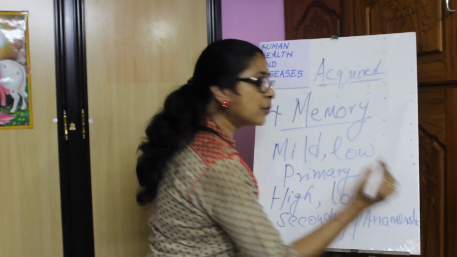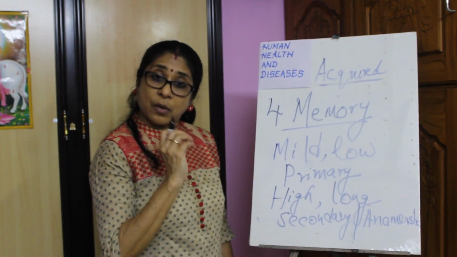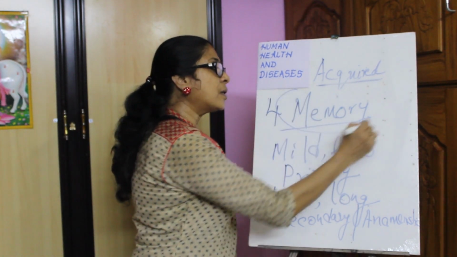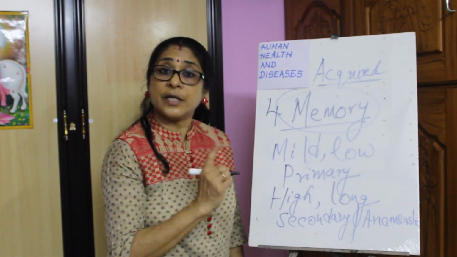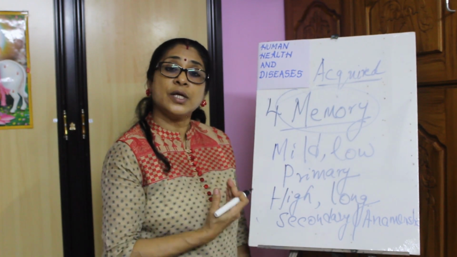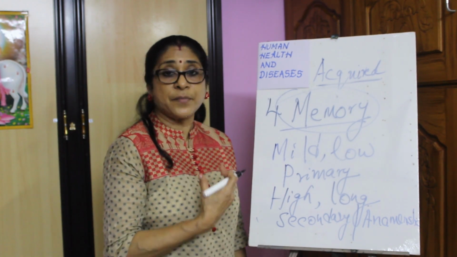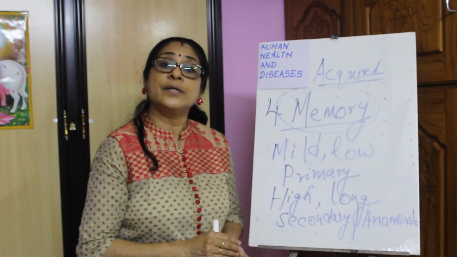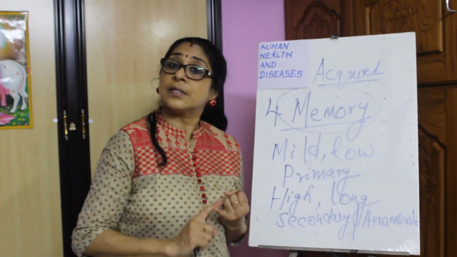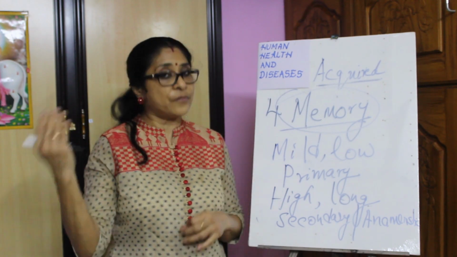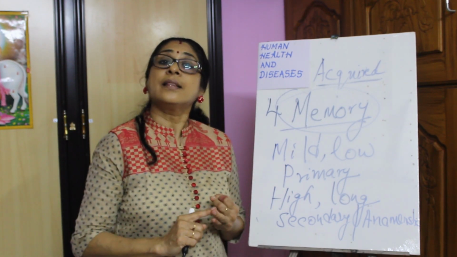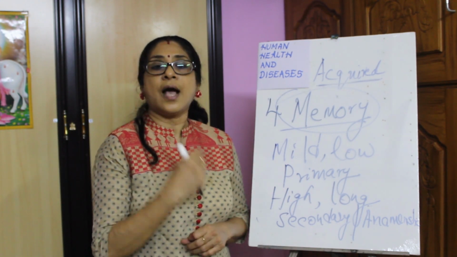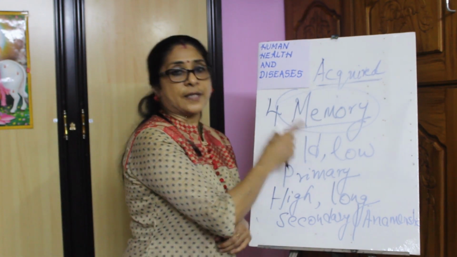This kind of immunoresponse is because your body has that unique power called memory. So these are the four concepts based on which our immune system functions. First is recognition of self from non-self. Second is diversity. Third is specificity. And the fourth is memory.